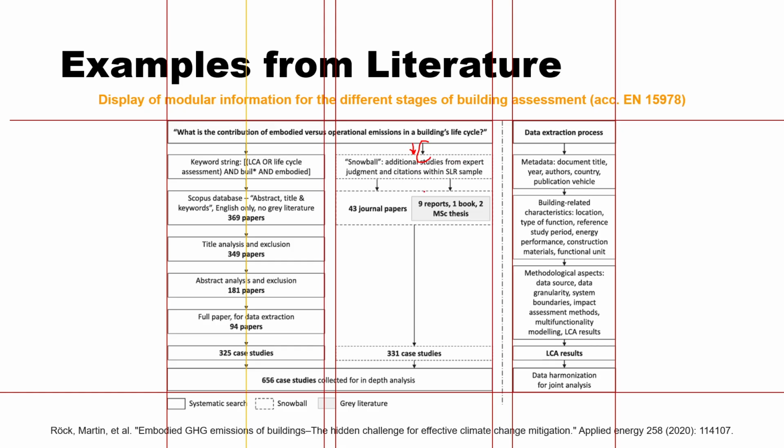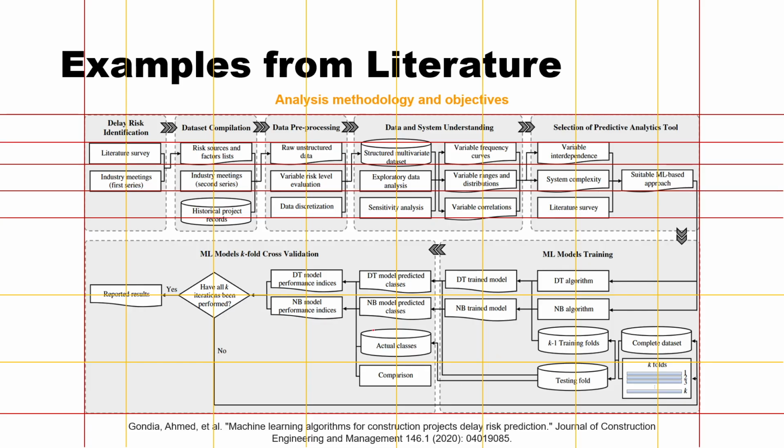You may say, well, you may break order or grid or consistency intentionally, but if you break order, you break consistency. If you break consistency and your figure is not coherent, it may not be effectively communicated to your readers, so you shouldn't really do that.